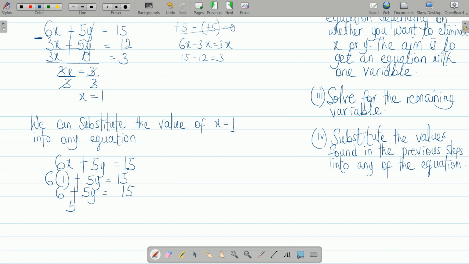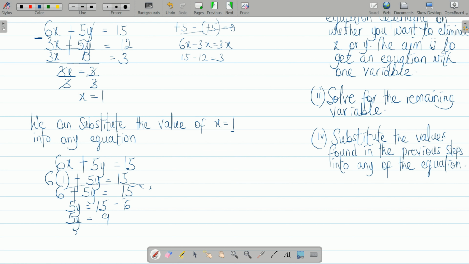I will collect like terms, meaning I will have to separate the coefficient of y from the numbers. 5y equals 9.